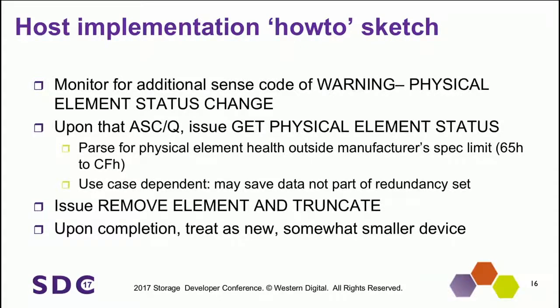So if there is any desire to retain the data, it is before the remove element and truncate command that you want to migrate that data off this particular disk onto some other store. At which point the host can issue a remove element and truncate command, and then once that process is complete, essentially the drive is logically a new, somewhat smaller device.